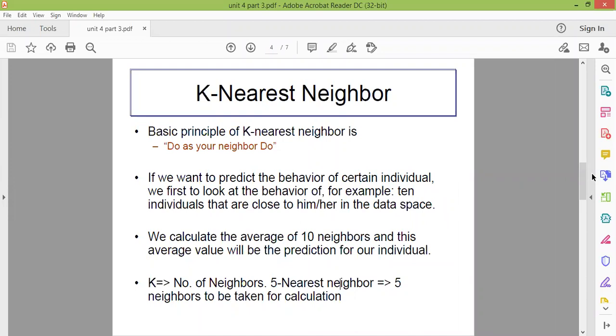Similarly, we take other points and calculate the equivalent distance like that. But in k nearest neighbor, you calculate the distance from all the points together. At a single time, all the comparisons are done, and based upon the comparison, you determine the behavior of any other point.